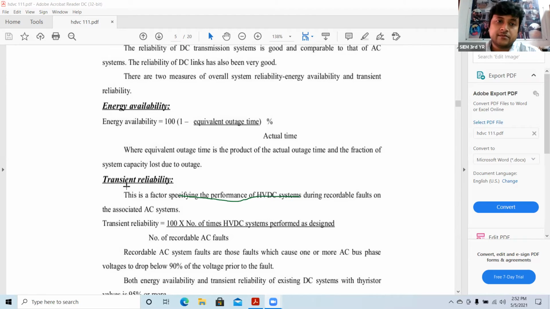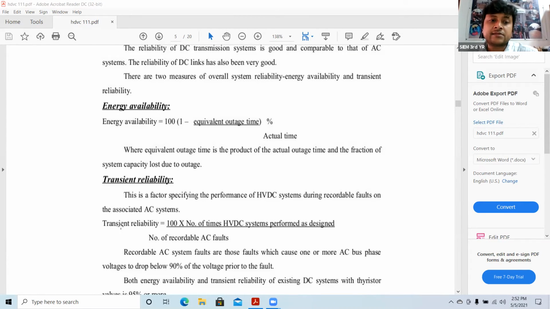Transient reliability. Okay, transient reliability. This is a factor specifying the performance of HVDC system during recordable faults on the associated AC systems.